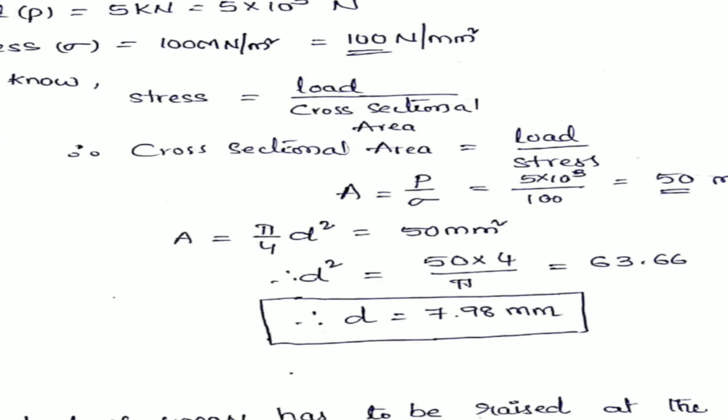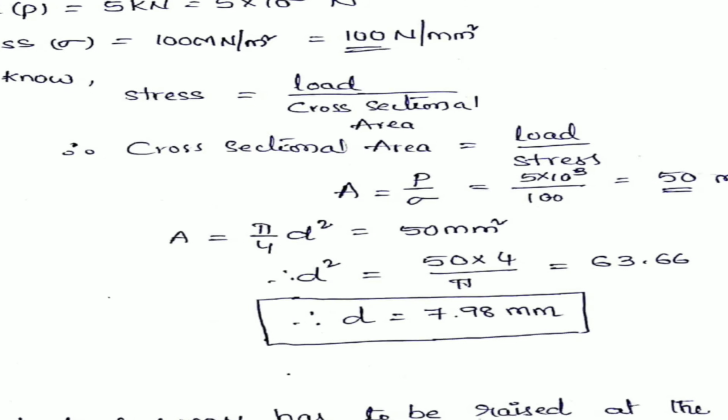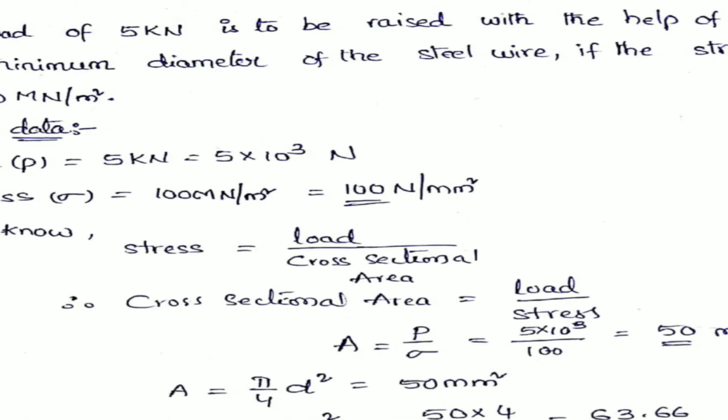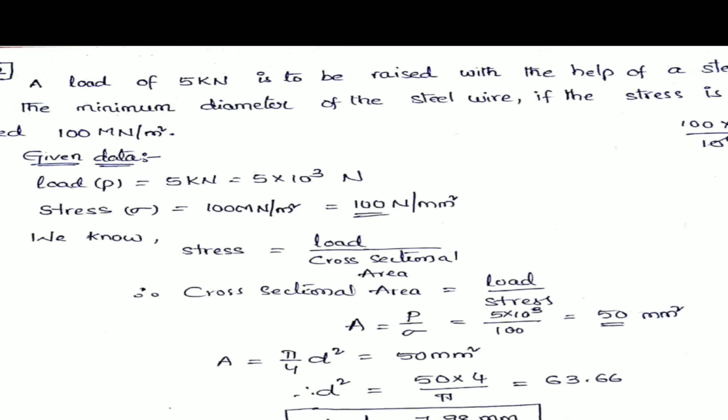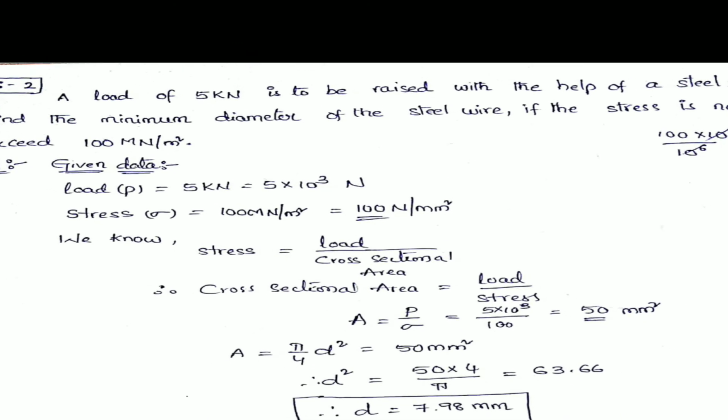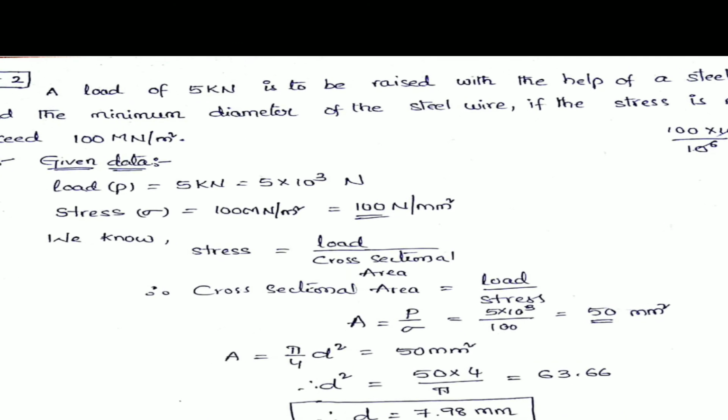Area A is equal to pi by 4 d square, that is 50 mm square. Finally d square is equal to 50 into 4 by pi, that is 63.66. Finally d is equal to 7.98 mm. In this problem we find the diameter of the wire.